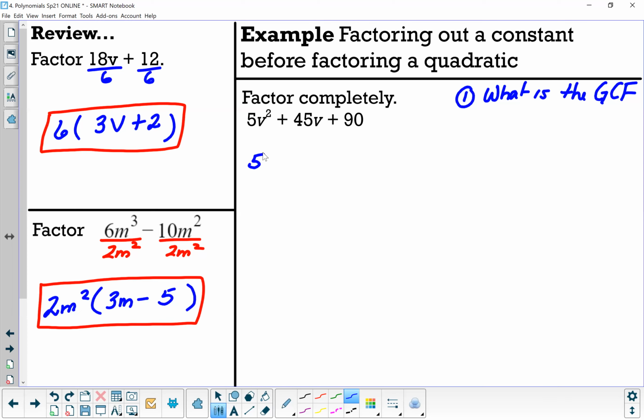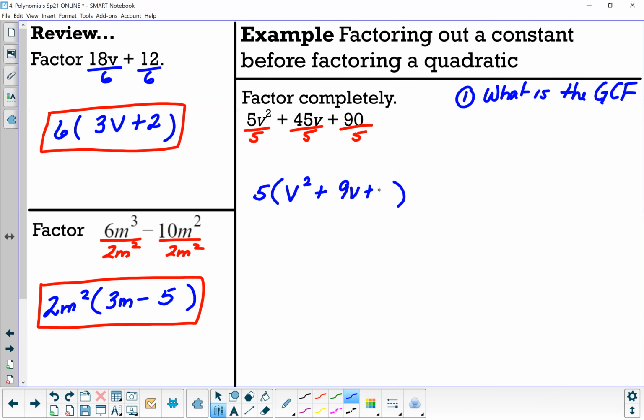5 parentheses. Now, if I divide this polynomial by 5, let me give myself a little bit of space here. Okay, divide by 5. Our second factor is 1v squared plus 9v plus, and then 90 divided by 5.